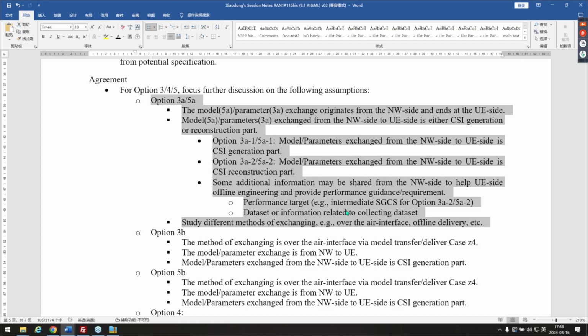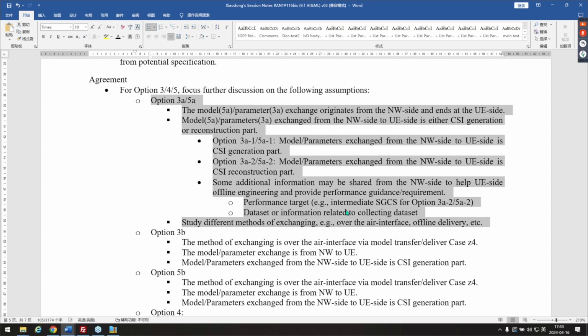Yeah, so this one is mainly applicable for the case when the network side shares the decoder with the UE side. In that case, since the decoder is available, the UE side can look at the final SGCS, right? While the UE side develops its encoder, the UE side can see the final SGCS.